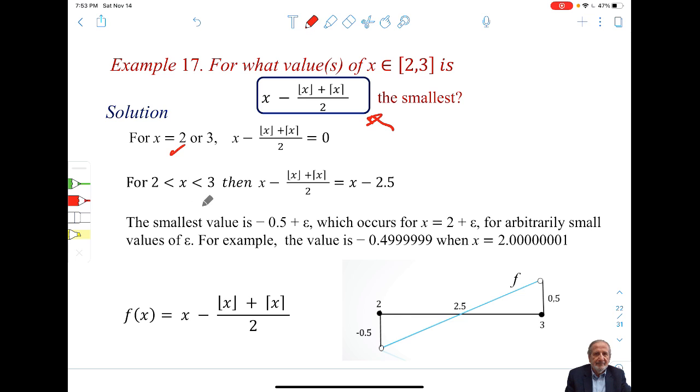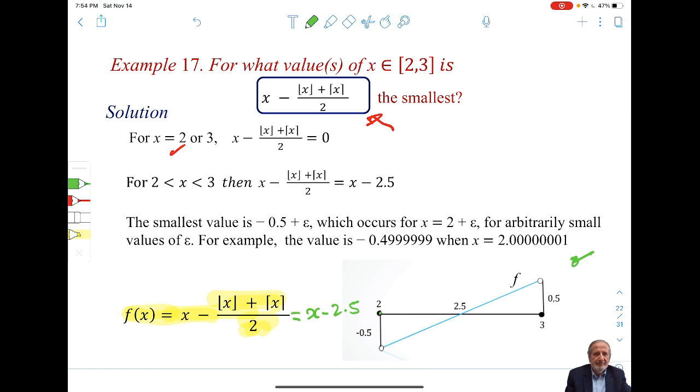So now I need to have x between 2 and 3. You make some calculation and you find this is equal to x minus 2.5. So if you draw this function, you find this graph right here.